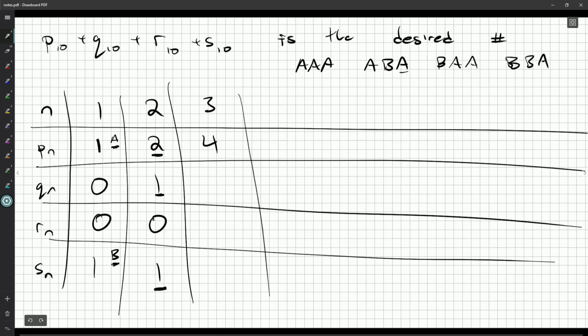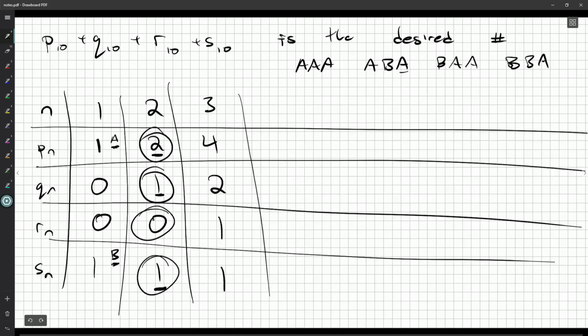Once again, if I took any of the ones that previously ended with an A and added a B onto them, then they'd end in AB. And if I take anything that ended with AB and add a B onto it, you'll get a 1 down here for Rn, and that'll end in ABB. Okay? What about the other ones? Well, if I take any of these and put a B on the end of them, then it doesn't end in ABB, AB, or A, so it's just some other thing and it doesn't have an ABBA.